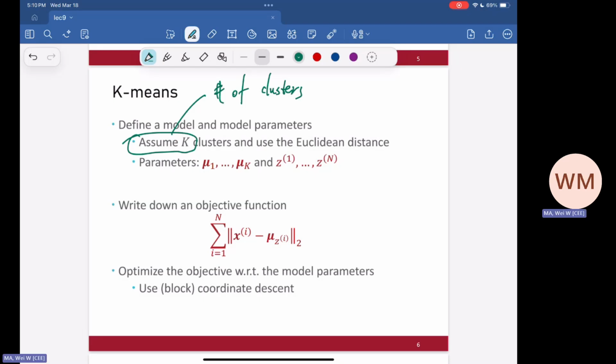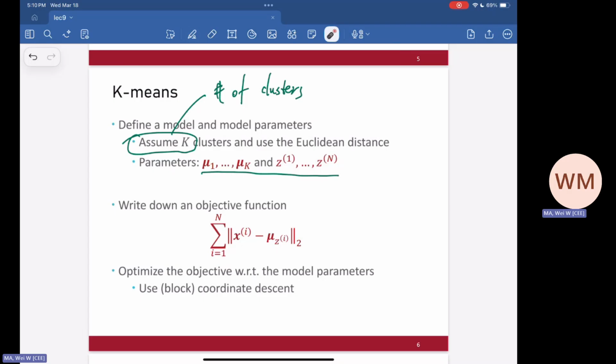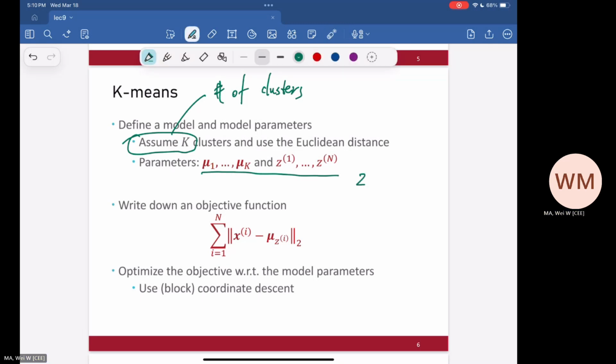Okay, so here I'm using the notation mu and z. Z is from 1 to n, representing the belongings. So z1 belongs to k, which refers to 1, 2, 3, 4, 5, all the way to K. So z1 needs to choose one cluster that it belongs to.